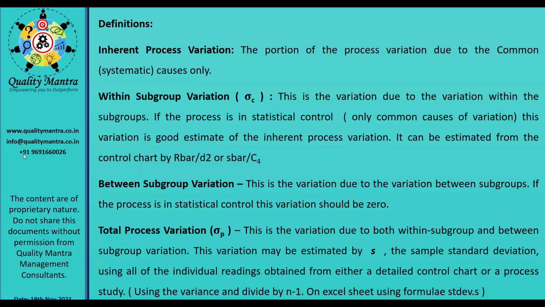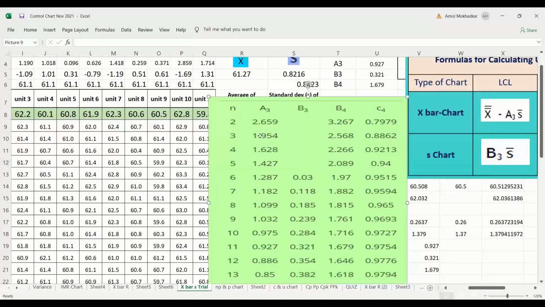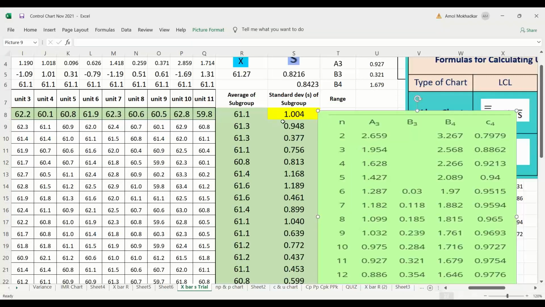Like here, when we compare the between subgroup variation, you can say there is a difference. I can see different values are there. It means it might not be in a state of statistical control. A lot of variation there is within the subgroups.